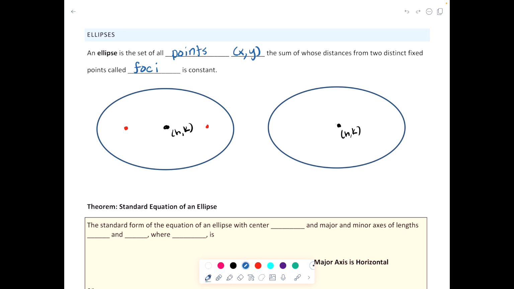And let's say you've got some point x1, y1, and another point x2, y2 on the ellipse.